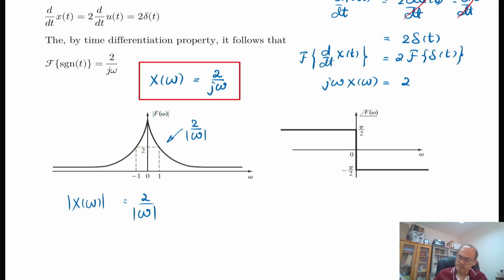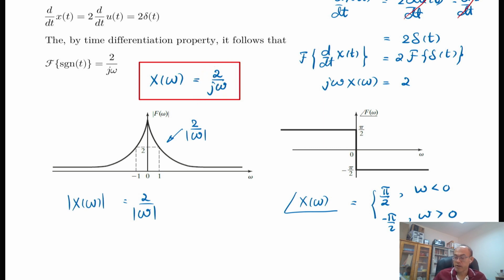And the phase of X would be, when omega is negative, pi over 2. When omega is positive, it would be minus pi over 2. Because the j is in the denominator.